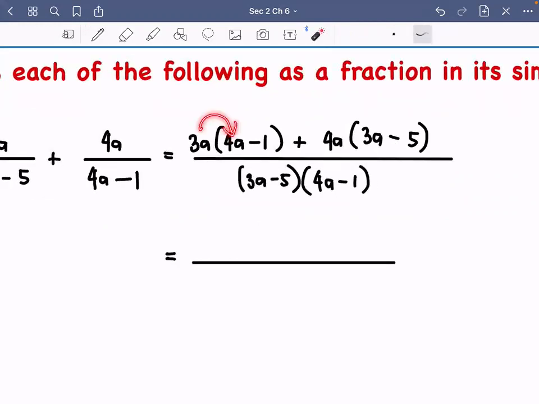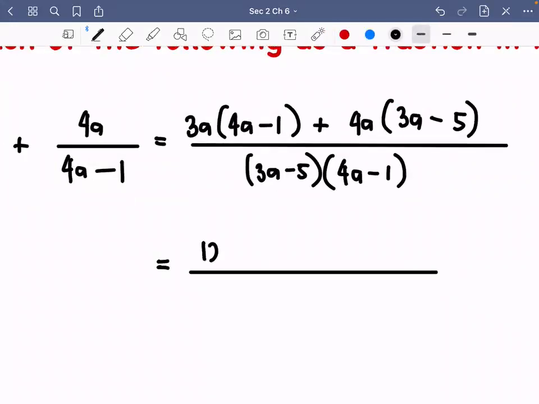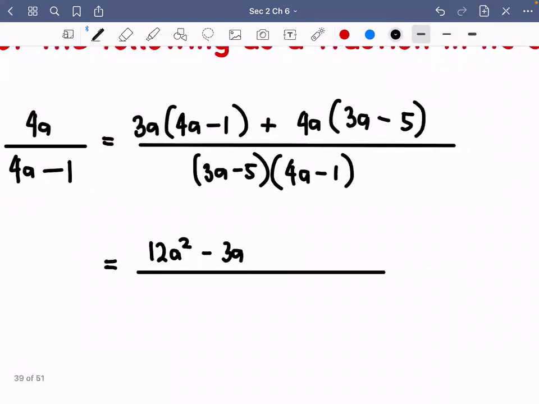So this and this, and then this one and this one. So we'll get 12a squared minus 3a plus. How do you get 12? 3 times 4, yeah. Then a times a is a squared, so 12a squared.